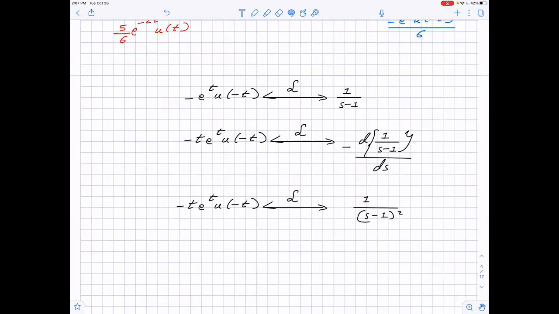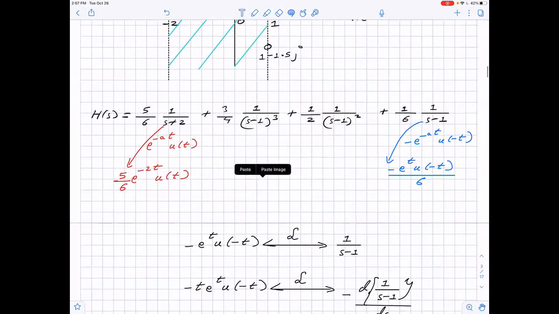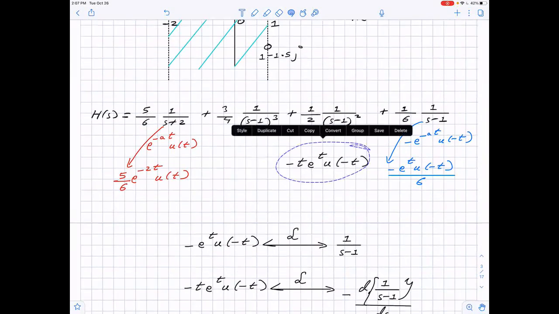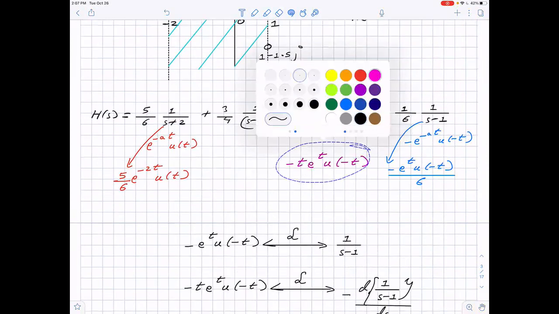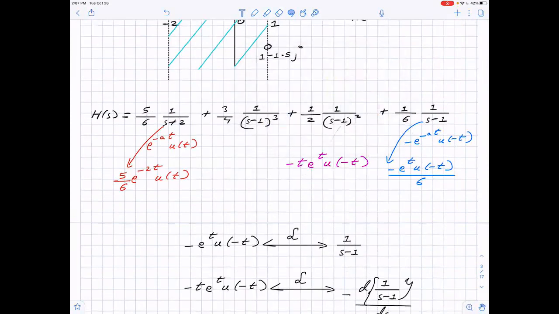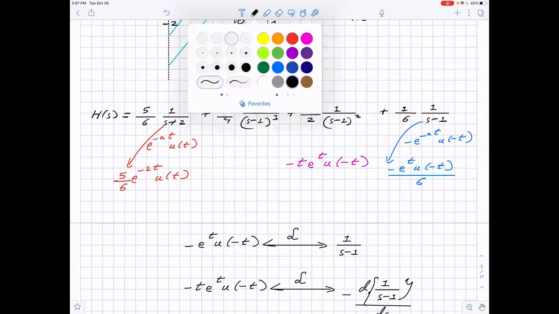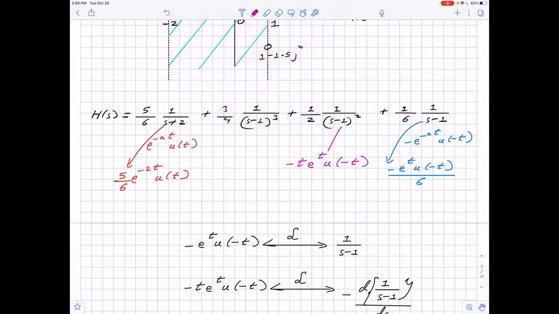So let's copy this over here where we have a square term. And in the S domain, we also have a half, so we need to have that half in the time domain as well. Okay, now we have one more term left, which is 1 over s minus 1 cubed.